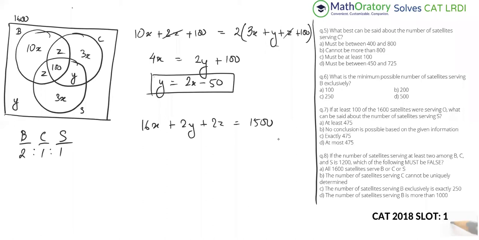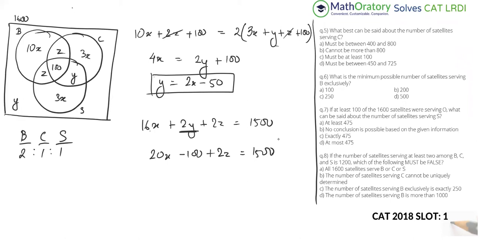So this is what we have. And also that y is equal to, or you can check this directly, 2y is 4x minus 100. So we can substitute that. If I substitute 4x minus 100 in this spot, 16x plus 4x will be 20x. You have that minus 100 plus 2z is equal to 1500. So now we can get z in terms of x, right?